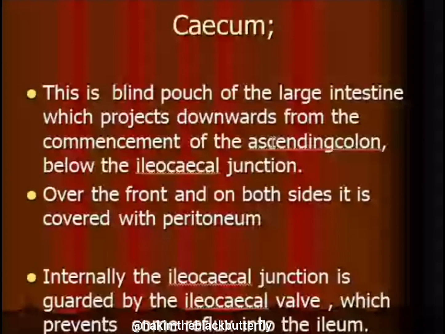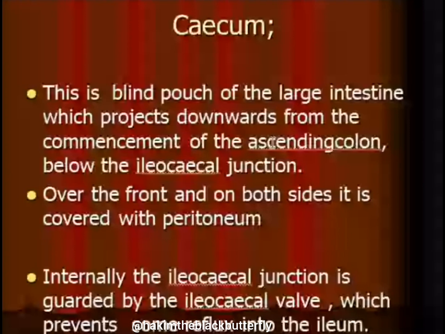So the cecum is the first part of the large intestines, and this part of the large intestines is located in the right iliac region. You remember the regions of the abdominal wall.